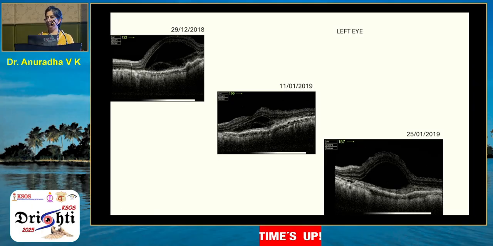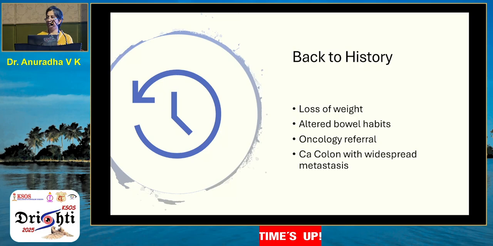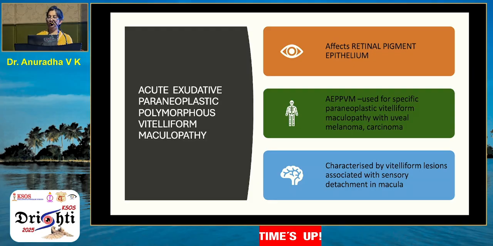Same thing happening in the left eye, so we went back and went into more details into history. He said he has loss of weight and altered bowel habits. He was referred to oncologists who diagnosed carcinoma colon with widespread metastasis. So this is acute exudative paraneoplastic polymorphous vitelliform maculopathy.